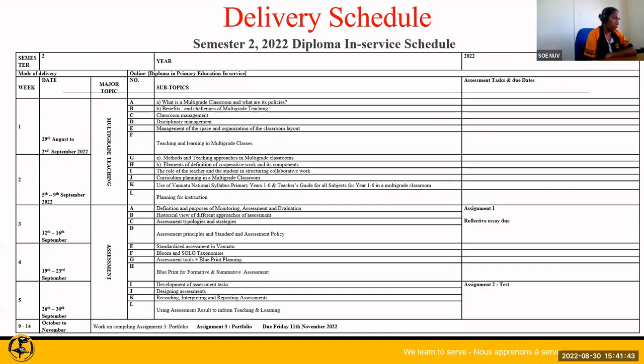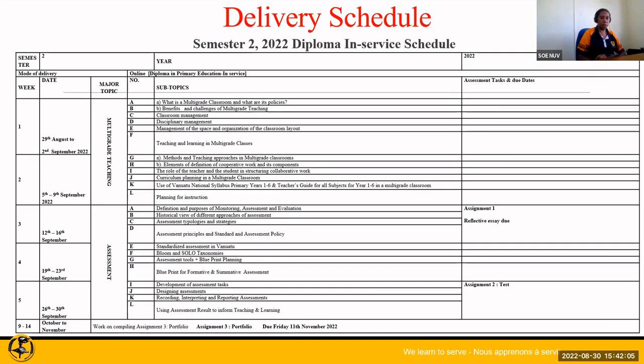This is week 1, from the 29th as of yesterday to the coming Friday. Week 2 is from the 5th to the 9th of September, which is next week. Week 3 is from the 12th to the 16th of September. Week 4 is the 19th to the 23rd of September.